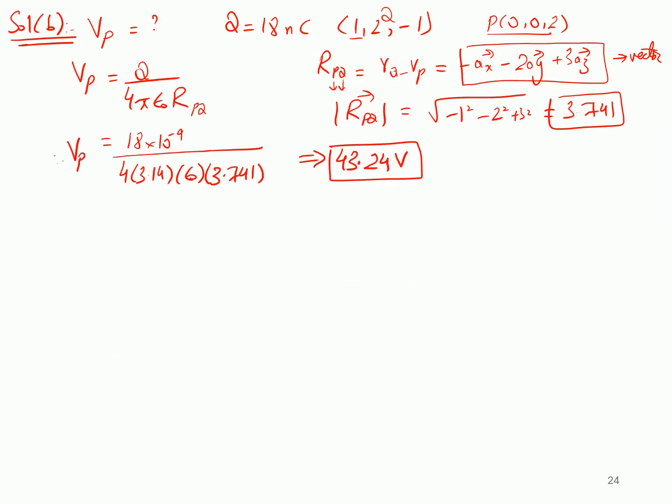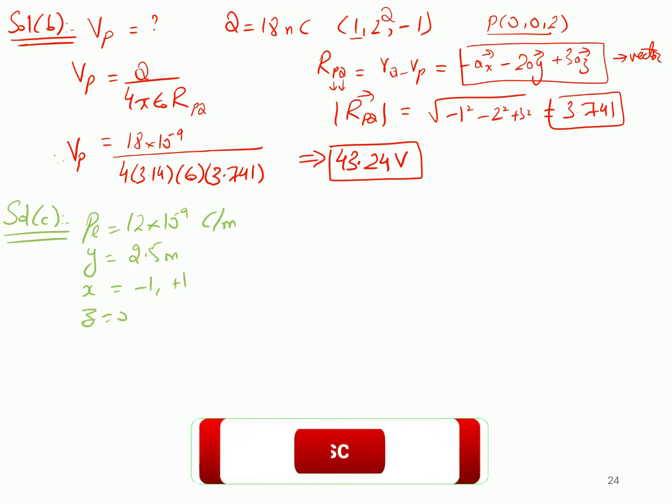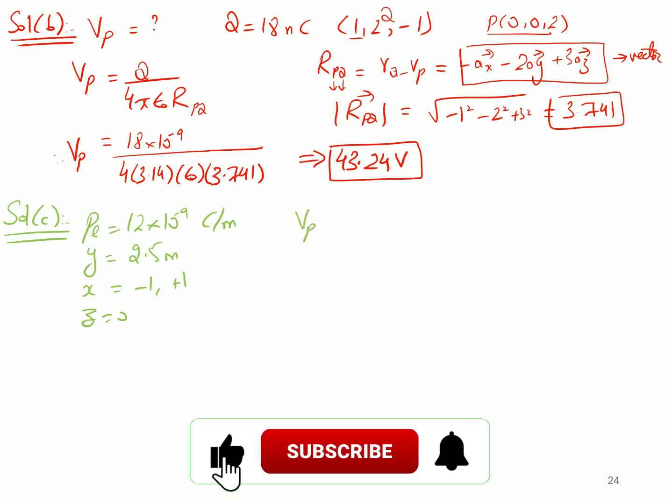So in the third part we have rho L the same as 12 nanocoulomb per meter, y at 2.5 meter, the line x between -1 and +1, and z at 0, and we need to find the potential V of P.